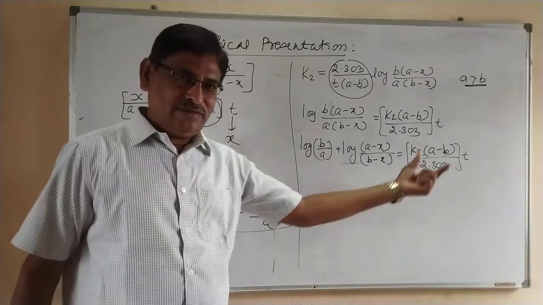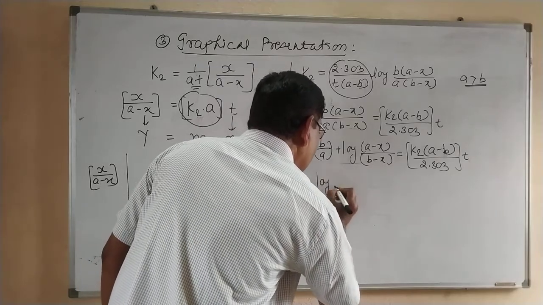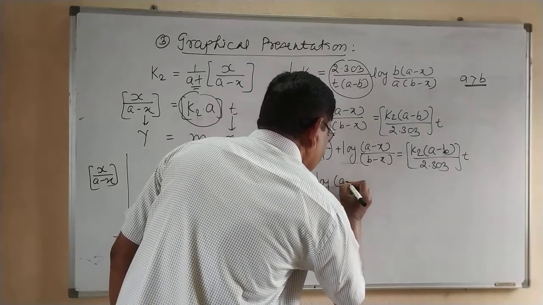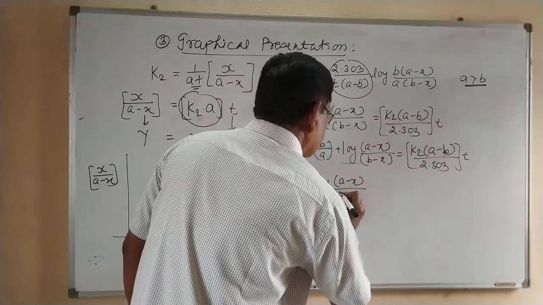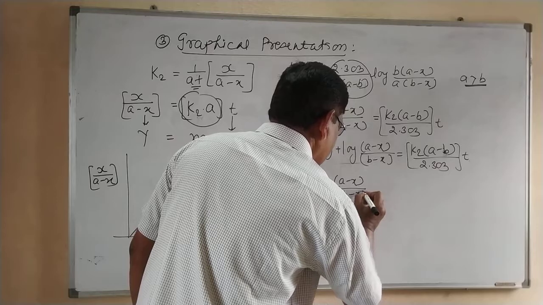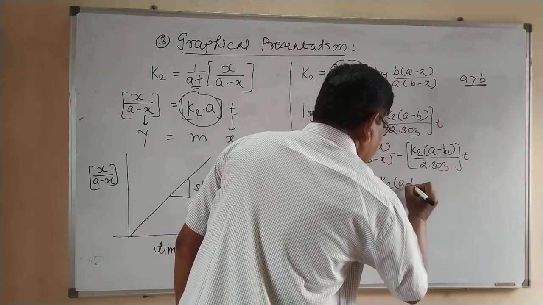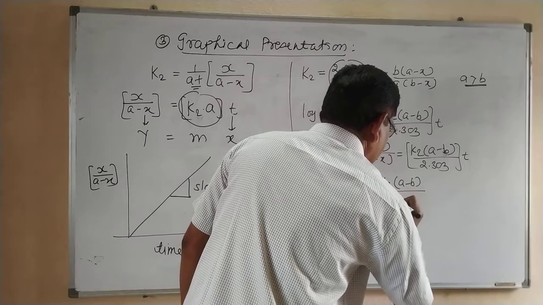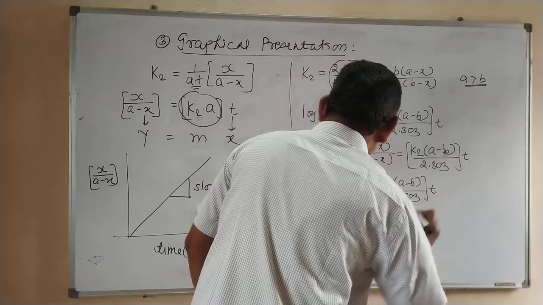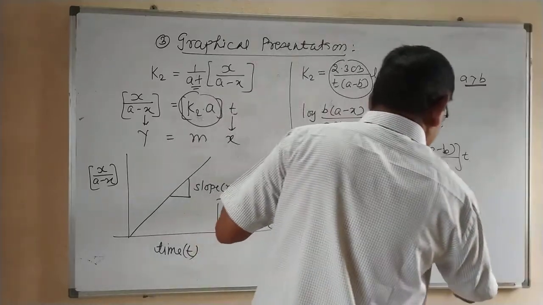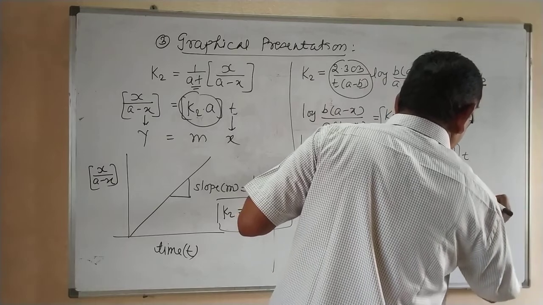Shifted to that side, what do you get? This is the final step: this term plus, minus log b over a.